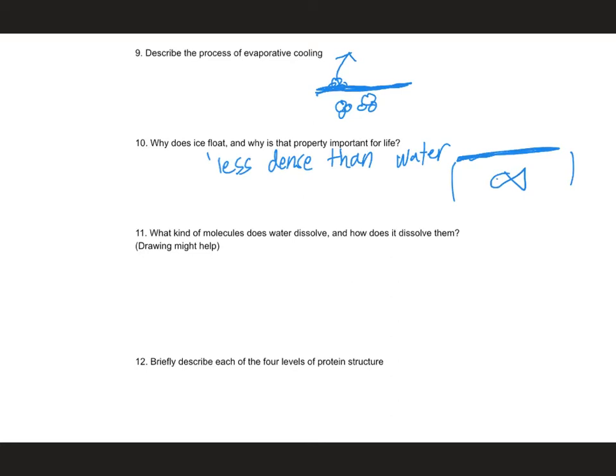What kind of molecules does water dissolve? Water dissolves polar molecules and most ionic. It does not dissolve nonpolar molecules.